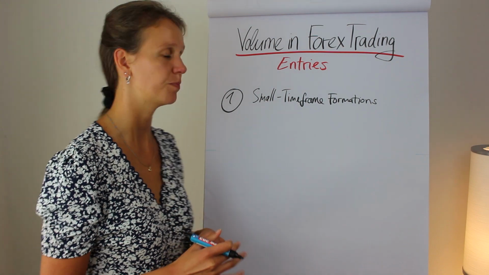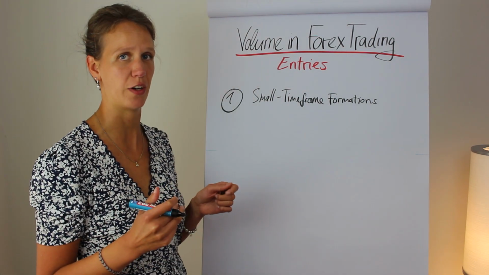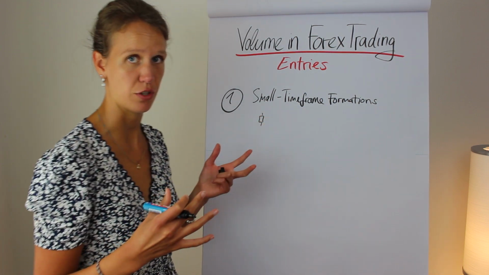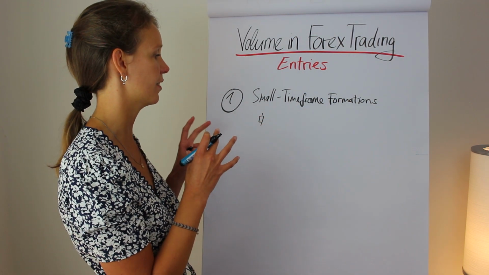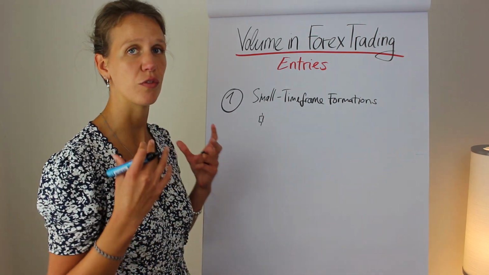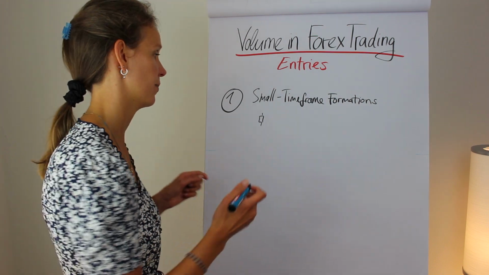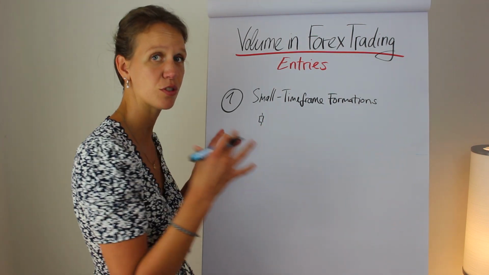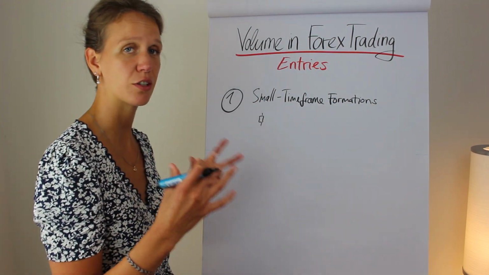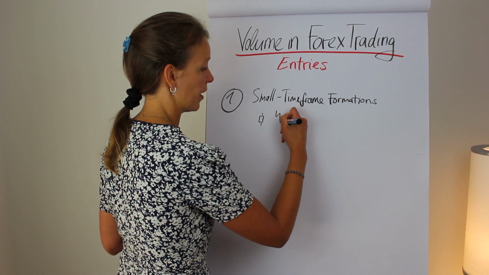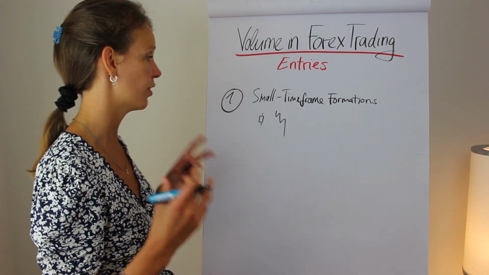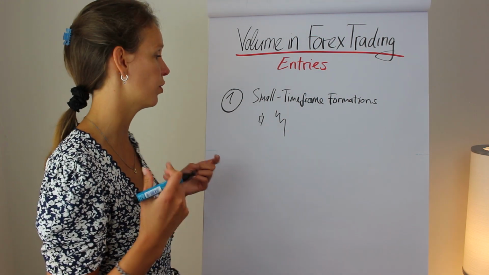time frame formations. If you're on a higher time frame, the candles don't move that fast usually. So it's kind of hard to tell sometimes if there is a volume in the market and how big it is. So in this case, we use multiple time frames and go to a smaller time frame, and there you can usually see a lot better if the market is moving into a direction really fast with big volume or not.